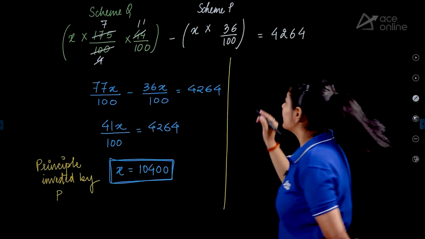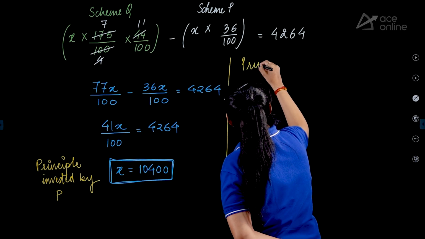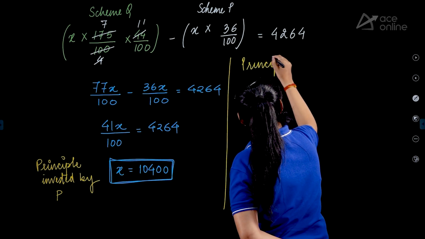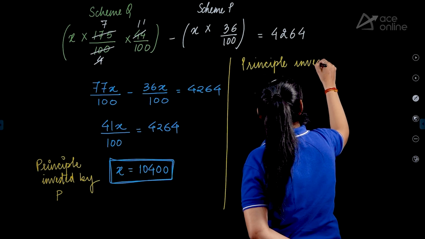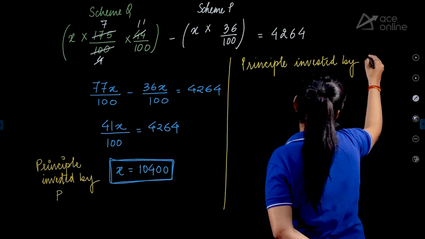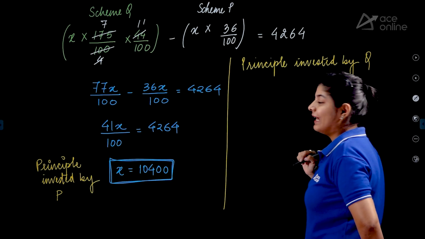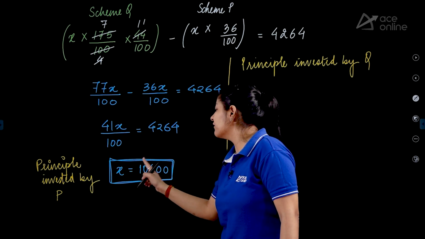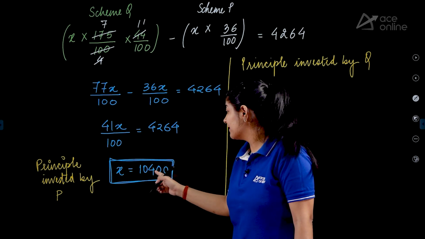Now we are going to calculate the principal invested by Q, and that is 75% more than this amount.